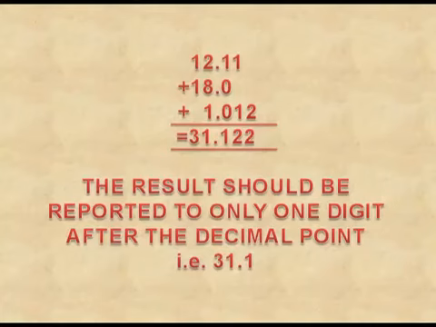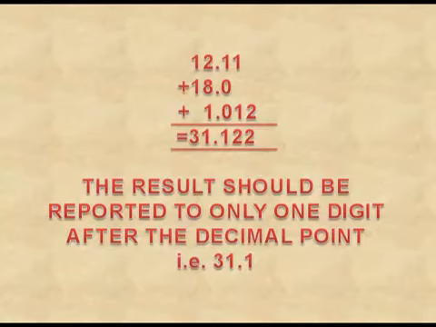Let's see an example. 12.11 plus 18.0 plus 1.012. I am adding it in a very normal way, a normal addition. 31.122 is the answer. But I will report the answer to the correct significant figures, that is 31.1.